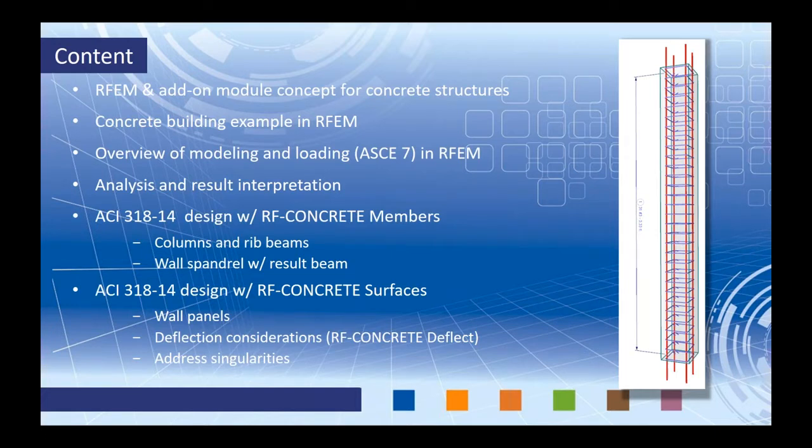Then we'll move on to the RF-CONCRETE Surfaces module. This will allow us to do design of our wall panels as well as deflection considerations with the module extension RF-CONCRETE Deflect. We can also address singularities which may occur within finite element software and how this impacts our concrete design of 2D surfaces and what to exactly do about them.